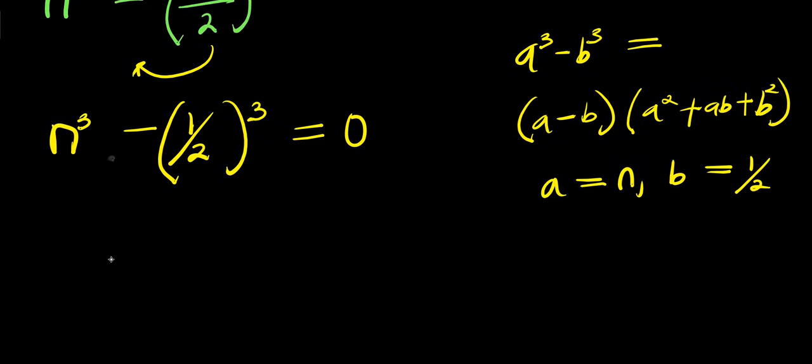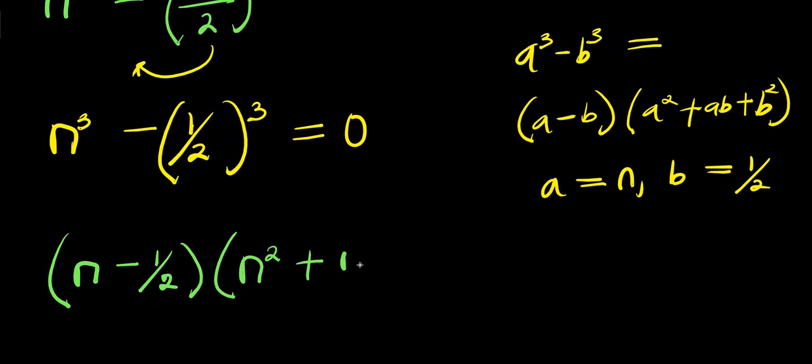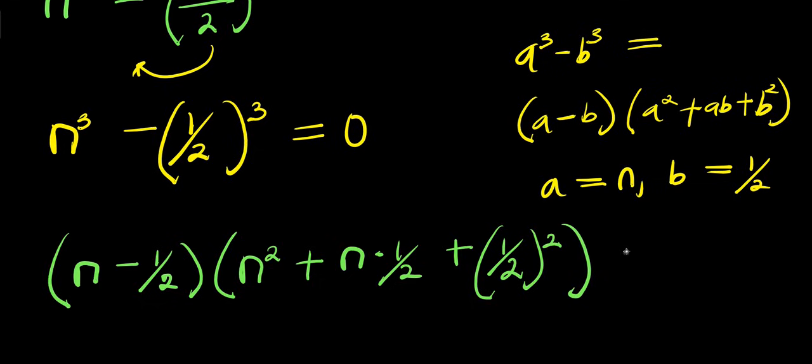So I'm simply going to have n minus 1 over 2 times n squared plus n times 1 over 2 plus 1 over 2 to the power of 2, and this equals 0.